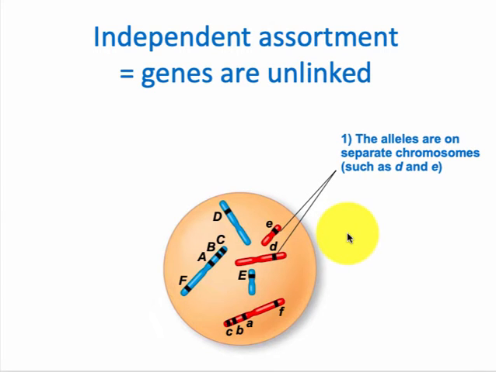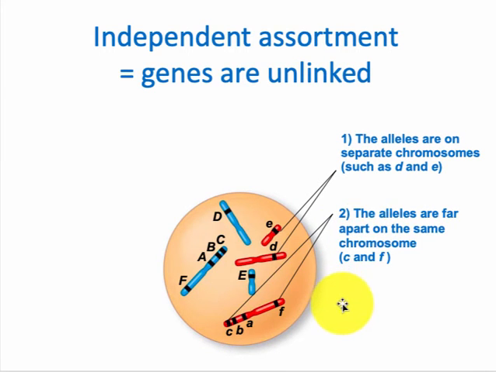Genes could also assort independently if they are located on the same chromosome but very far apart. So this F gene and the C gene are located in the long chromosome, and since they're so far apart, crossing over is very likely to happen in between them.